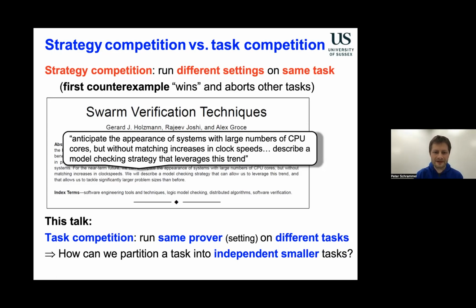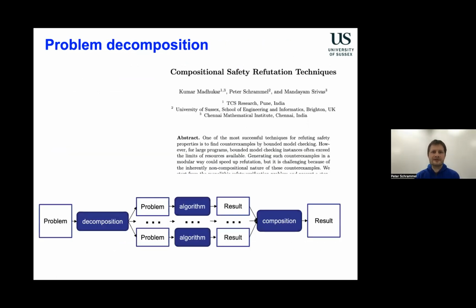So how can we partition that? Maduka and myself had a work a couple of years ago where we looked into compositional techniques for refutation, and we wrote down a small taxonomy of compositional approaches to verification.